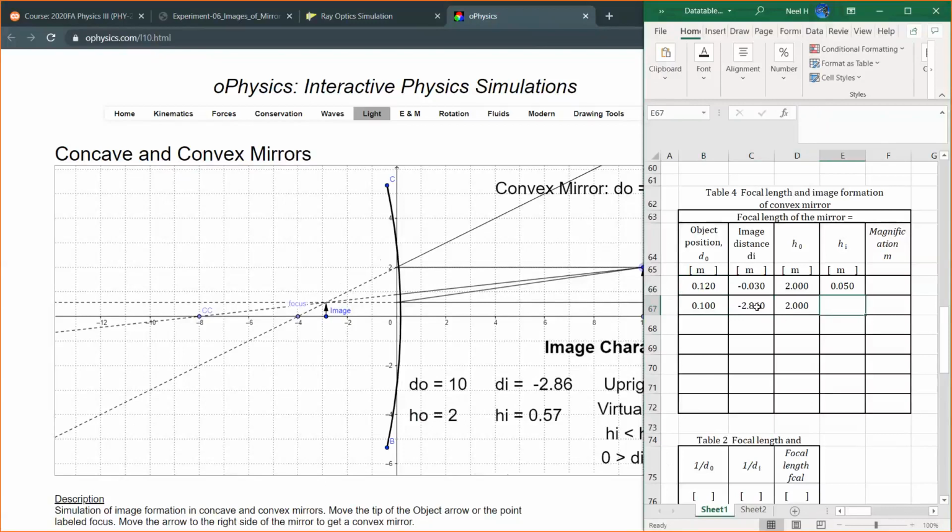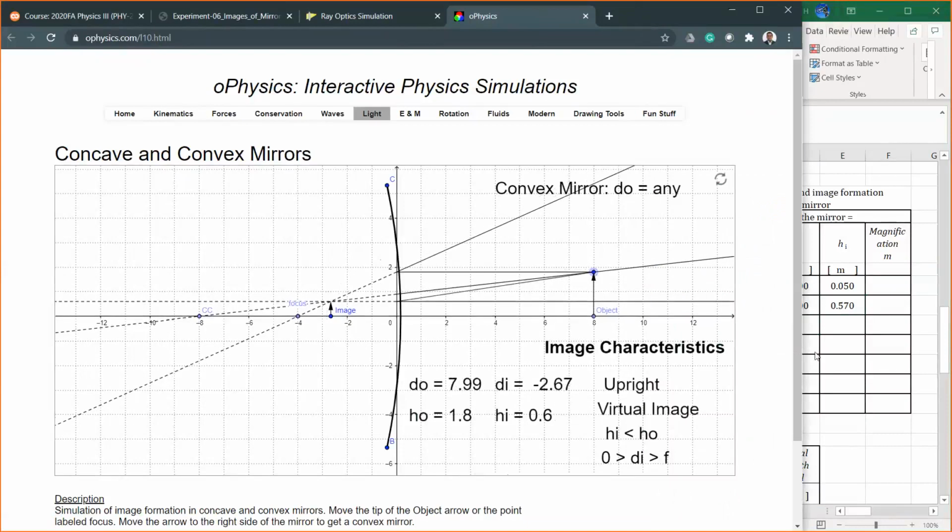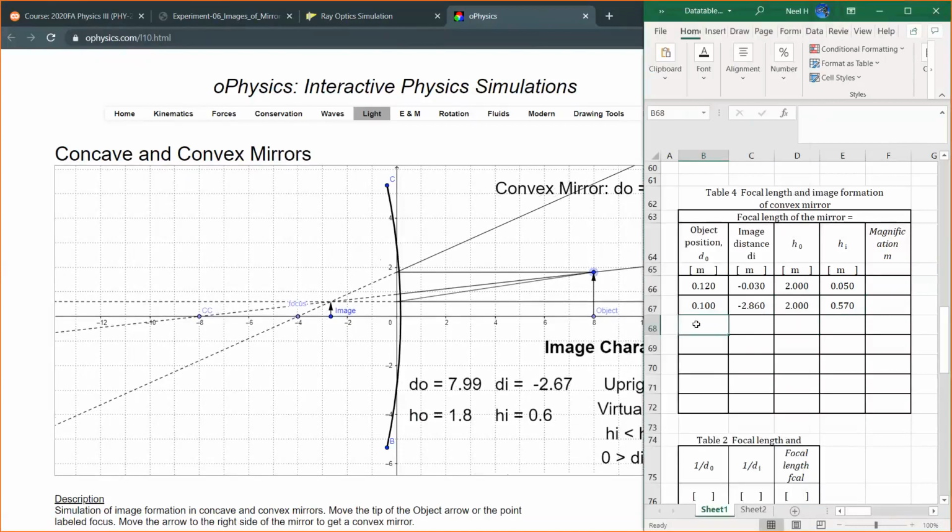The object size is 2, the image size is 0.57. Then let's click and drag the object another 2. Now it's about 0.088 meters. The image is at negative 2.67, the object size is 2, and the image size is about 0.6.